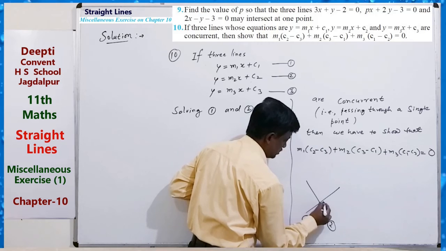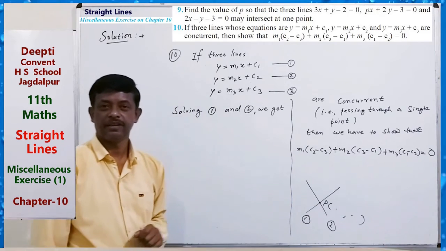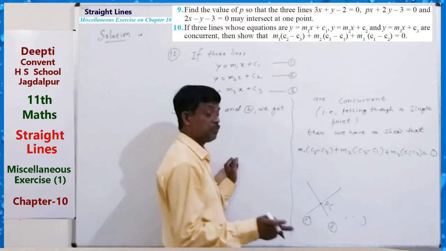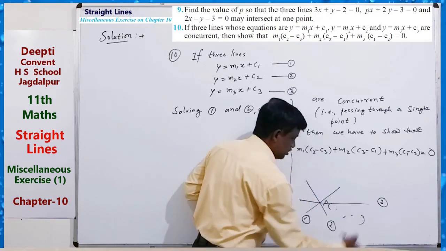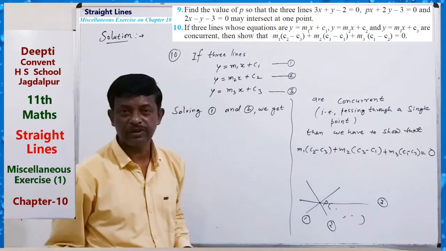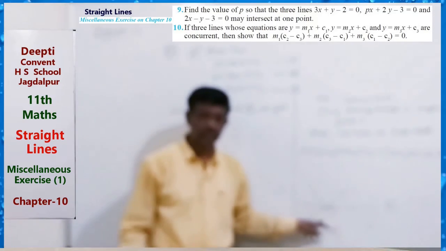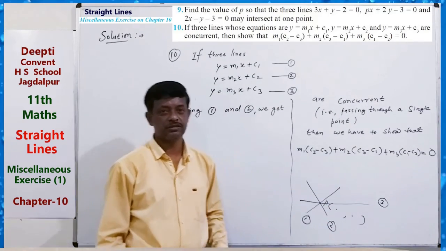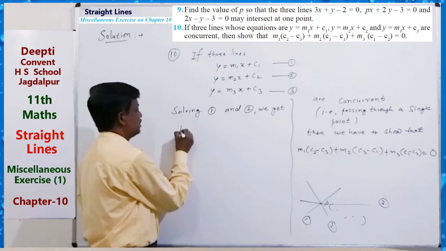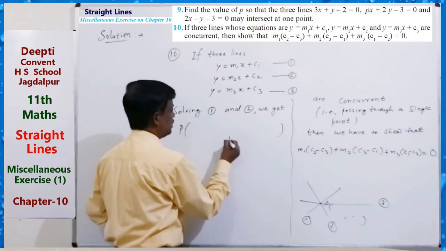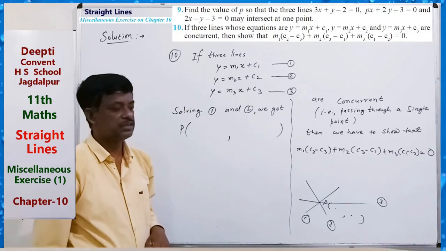Solving this, we get the coordinates. And if the third line also passes through this point, then they will be concurrent. So the intersection of 1 and 2 will satisfy the third equation. Just equate and find the values of x and y.